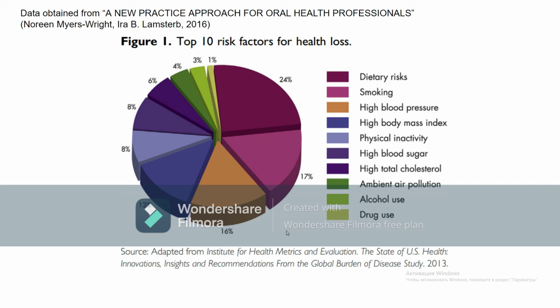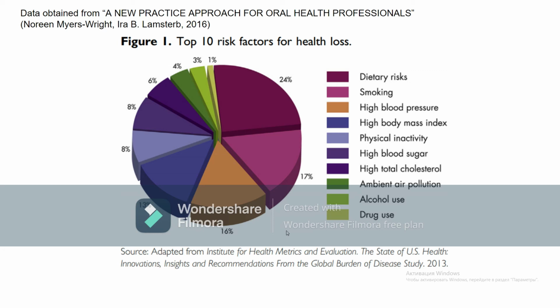And high blood pressure and high body mass index, we see 16 and 13% correspondingly, very spread. And as dietary risk and smoking are related to physical inactivity, it's difficult to imagine that we are physically active every day, we try to perform some exercises, and at the same time we do not follow proper nutrition, and we smoke. It's quite impossible to imagine this situation.